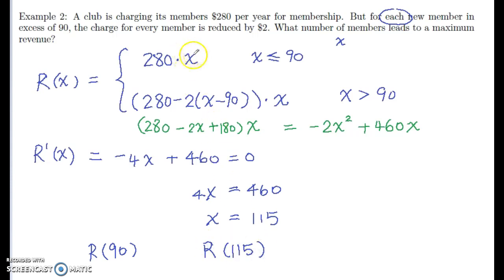You plug 90 into the first piece and plug 115 into the second piece to realize that the revenue at 115 is greater than the revenue at 90. So the answer is 115 members leads to maximum revenue.